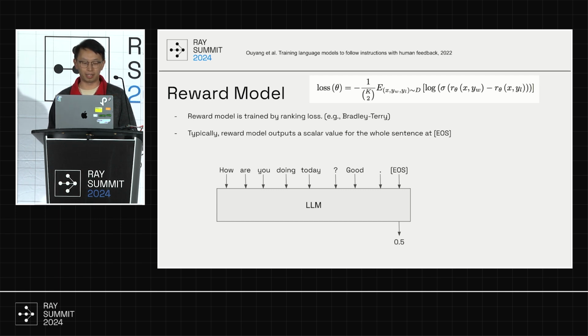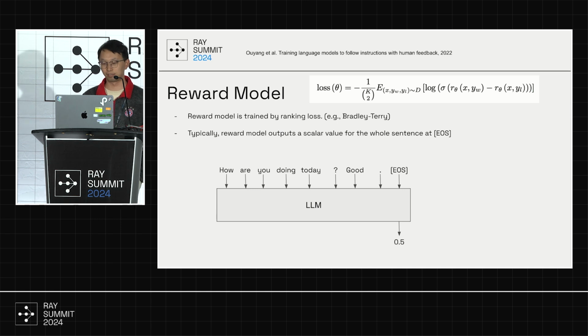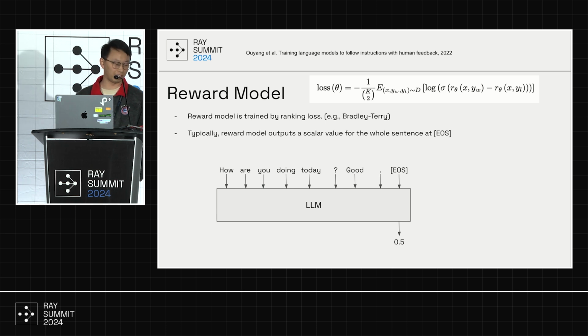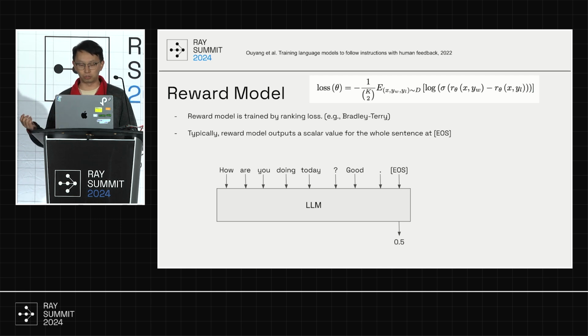It's actually trained using ranking loss. We form a lot of different pairs, send them to the model, and train using ranking loss, and then the model will output a value saying how much humans prefer this sentence. We want to optimize the trajectory, which is the language model generation, such that the reward is maximized. So this forms a well-defined Markov decision process that can be solved by any RL algorithm, such as PPO, which is what OpenAI did at the very beginning.